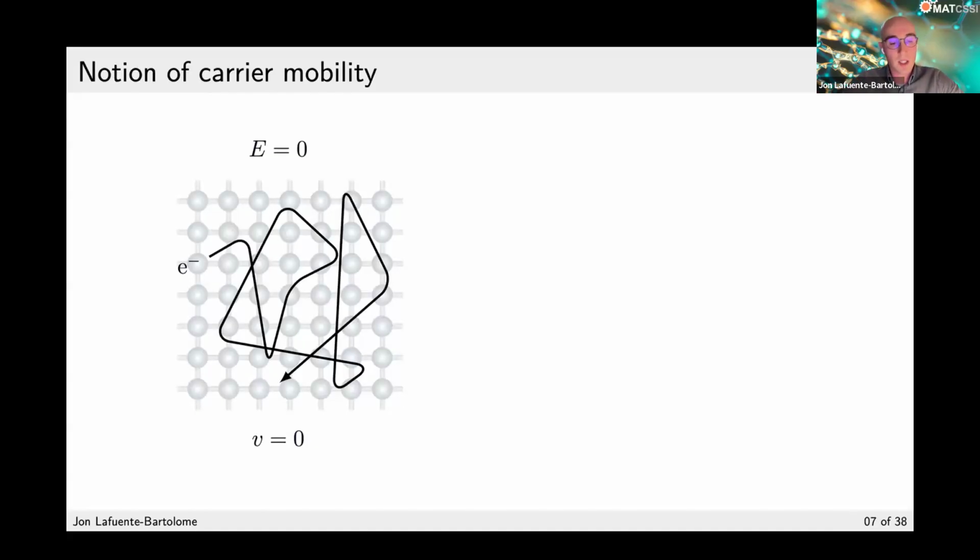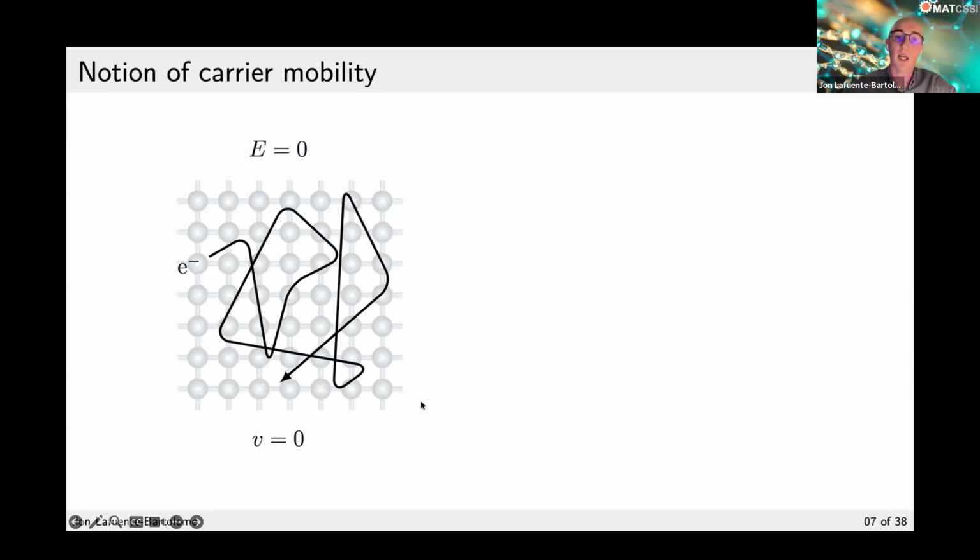In this theory and in the EPW calculations that you will perform in the hands-on session, the central quantity that you will want to compute is the carrier mobility. Let me first introduce what that means to give you an intuitive picture. Let's go back to this cartoon of a propagating electron on a lattice.